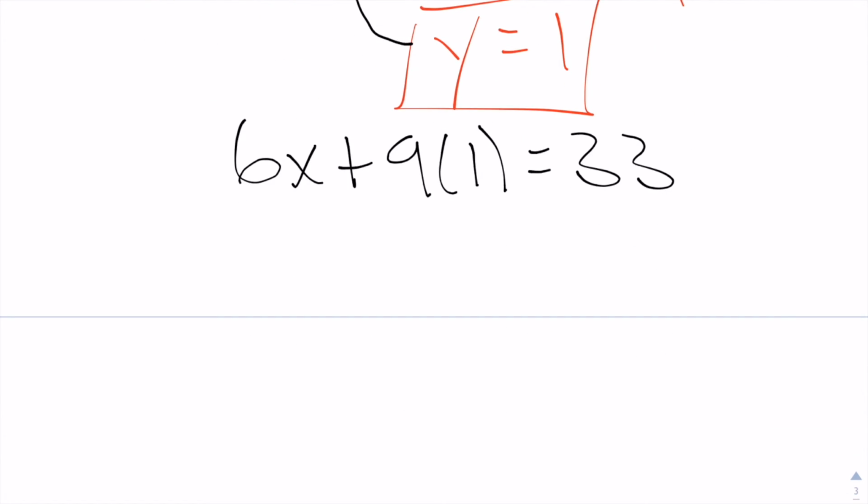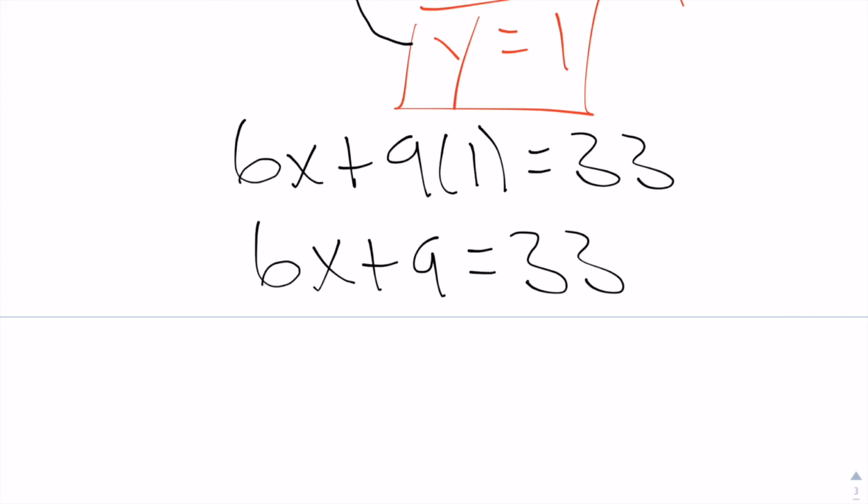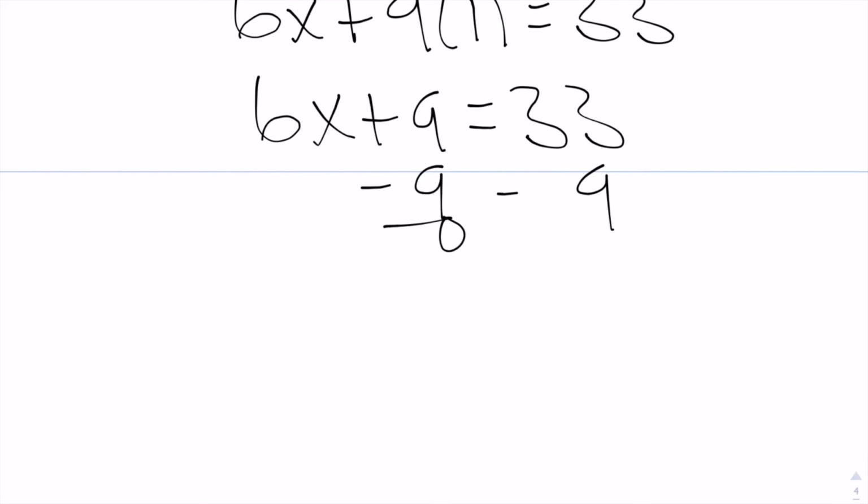And now we're going to go ahead and just solve it. 6x plus 9 equals 33. Subtract 9 from both sides. 6x equals 33 take away 9.